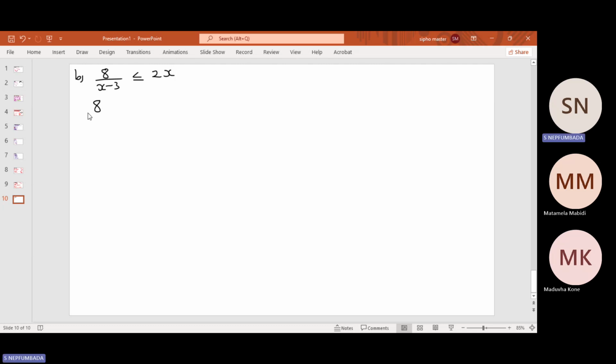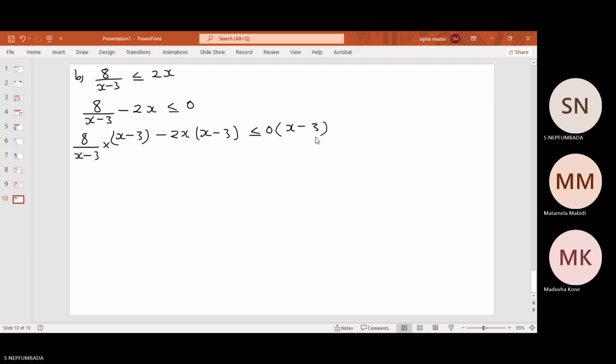We can say this is 8 over x minus 3 minus 2x is less or equal to 0. Then we multiply by the denominator. Minus 2x multiplied by the denominator. Then this is less or equal to 0 multiplied by the denominator.